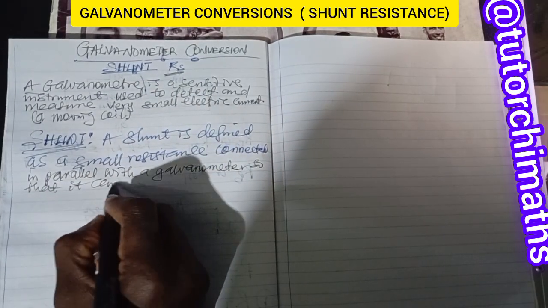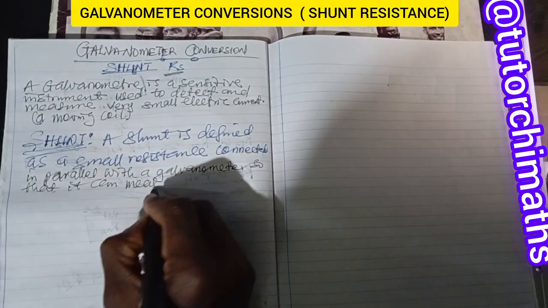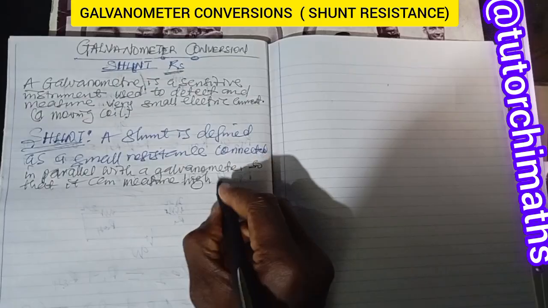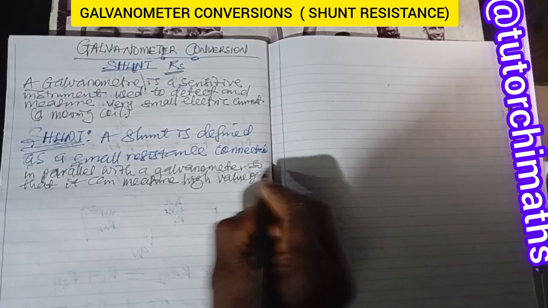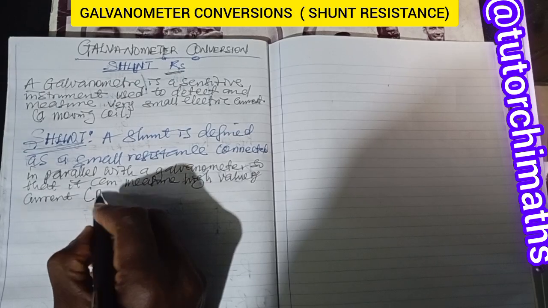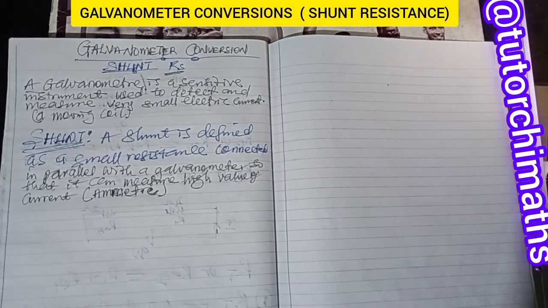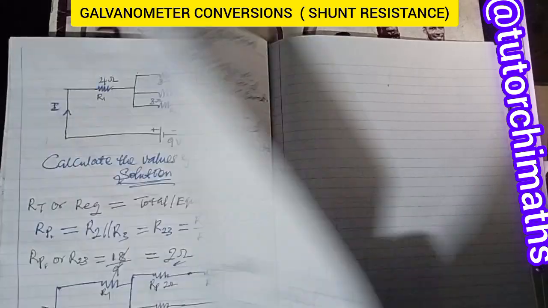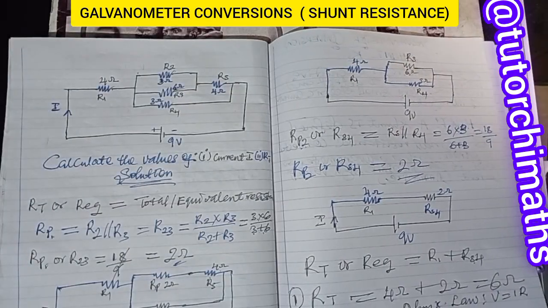It can measure higher value of current. Higher value of current, that is ammeter. Okay. Good. Now, before we proceed, our topic, that is equivalent resistance, I just uploaded it.